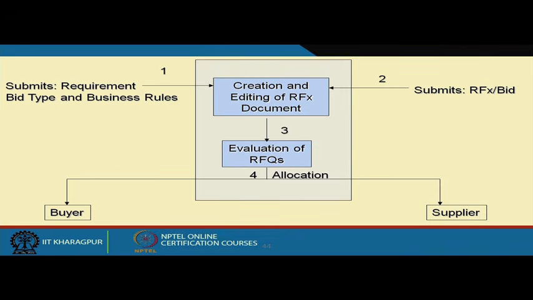If you look at this diagram, this is a schematic diagram of your RFX process. Here the buyer, who has to float this RFX document and in turn receive bids, first submits its requirements, its bid types and its business rules.